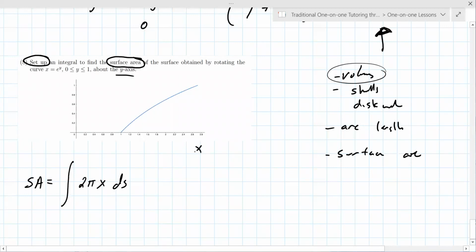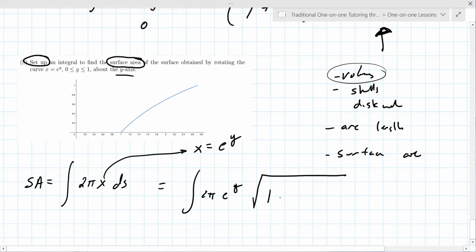But it's not x, it's x equals, which is what we have here, e to the y. So this is the integral of 2 pi e to the y, and ds is that thing we were just doing. It's 1 plus the derivative of this thing squared, so e to the y squared dy.